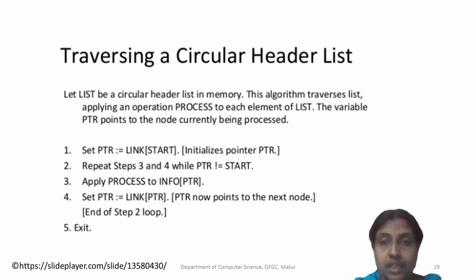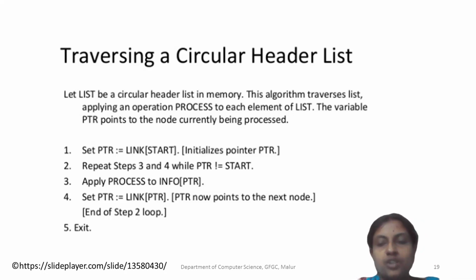Why? Because in a circular header linked list, the last node maintains the address of the head node's start position. So once we come to the end and find the pointer equals start, we stop, so that it traverses all the nodes.